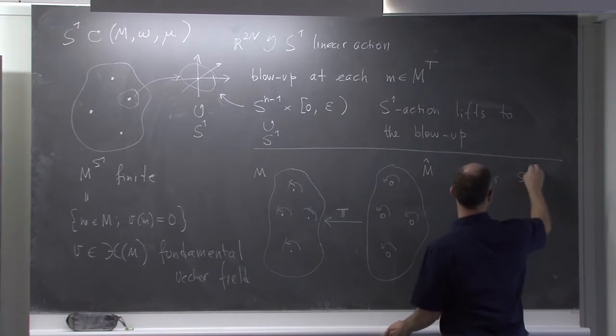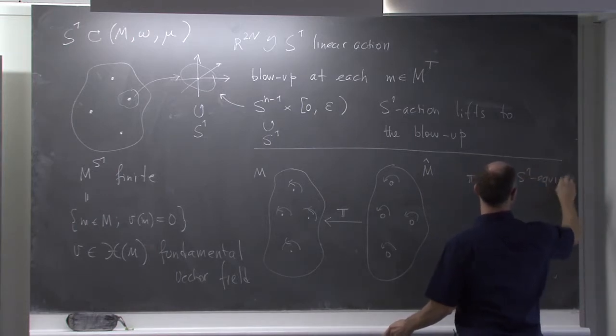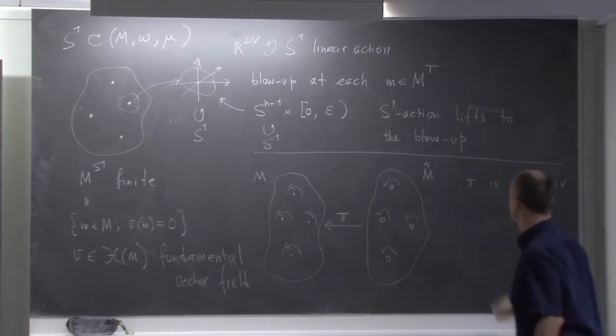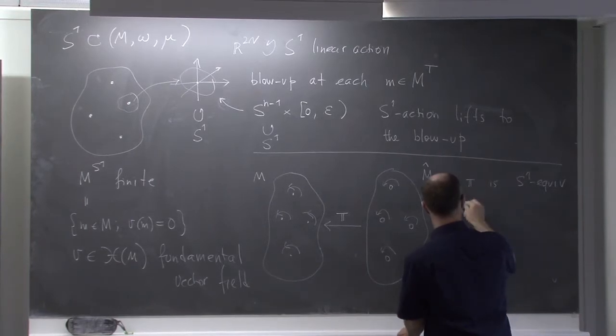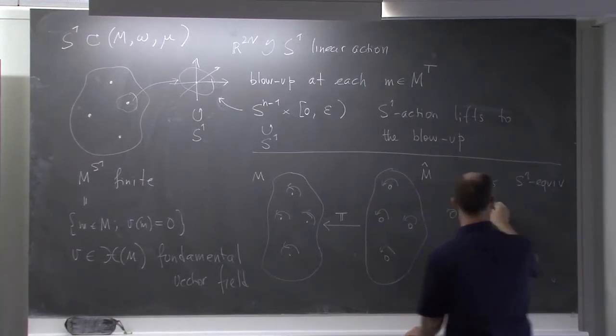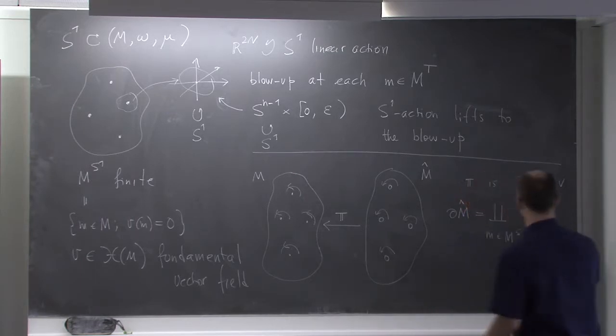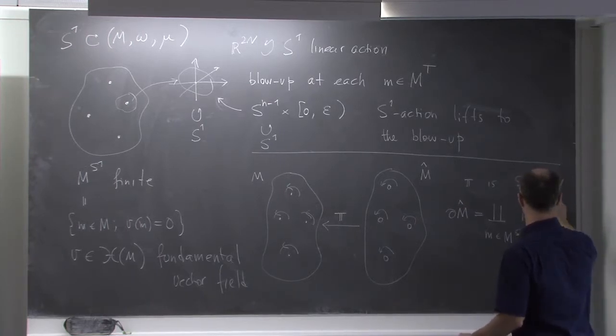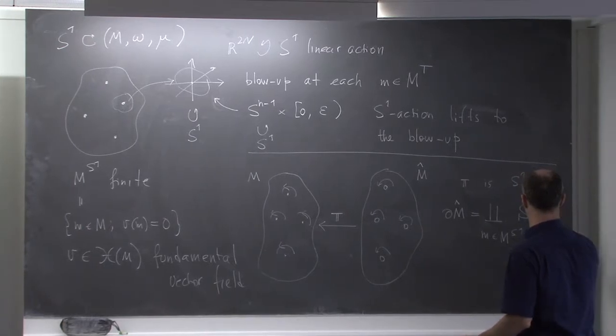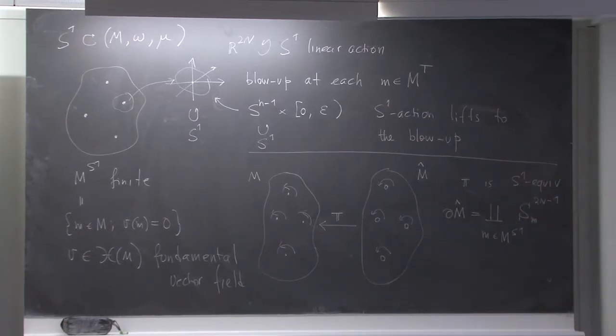So pi is S1 equivariant, and well, the boundary of M hat will be equal to the disjoint union over the points in the fixed point set of spheres of dimension 2n minus 1 with the index m, right?